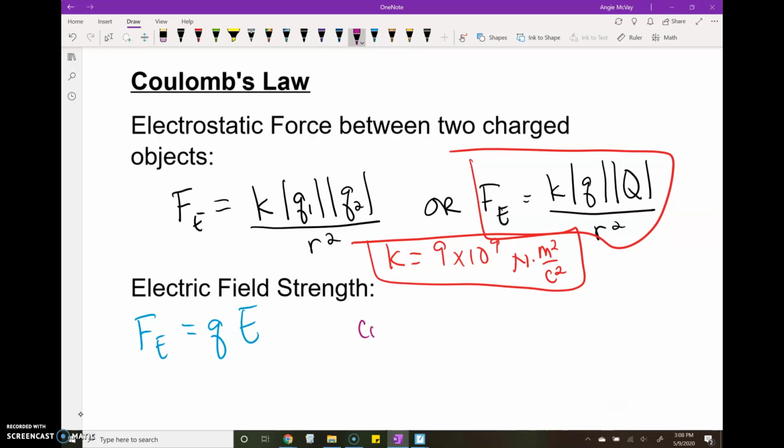Remember, the force due to gravity was equal to mass times gravitational field strength, right? So we've got our field strengths here, and the force with gravity was interacting between masses, and here electric forces are interacting between objects with charge. Okay, so they're set up the same way.